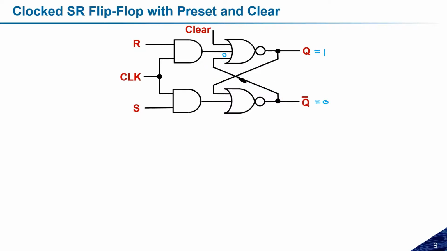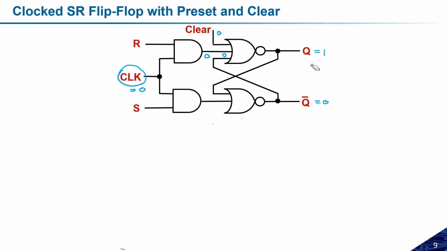Now let us see, the clock is equal to 0 or clock is equal to 1, whatever, but let us assume the clock is equal to 0. So again I will get the 0 over here. And let us assume the clear pulse was 0. So if 0 0 0, then this QT should be 1.